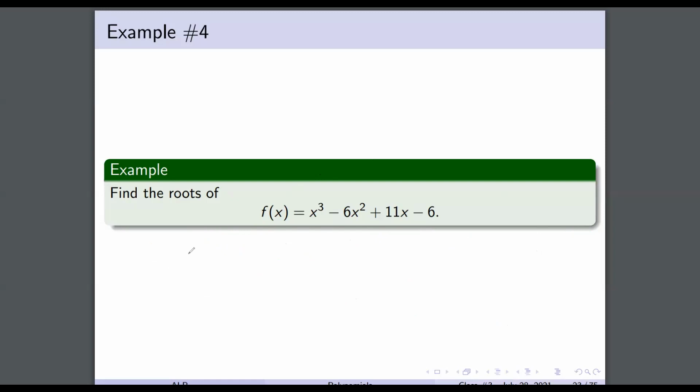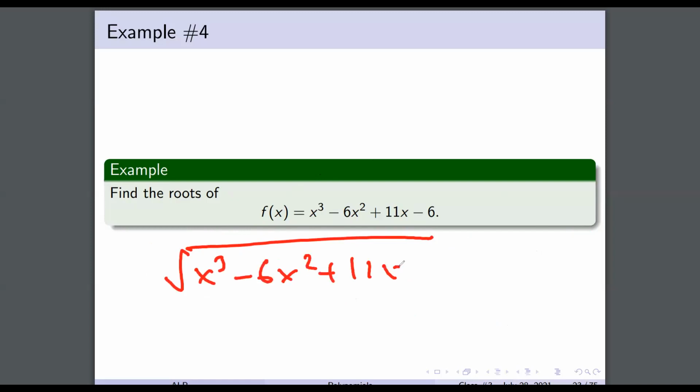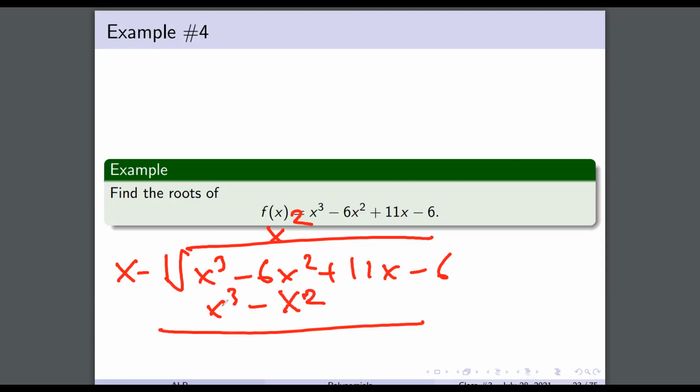So now, if we divide x cubed minus 6x squared plus 11x minus 6 by x minus 1, we'll get x squared, then negative 5x squared plus 11x, so we'll get negative 5x.